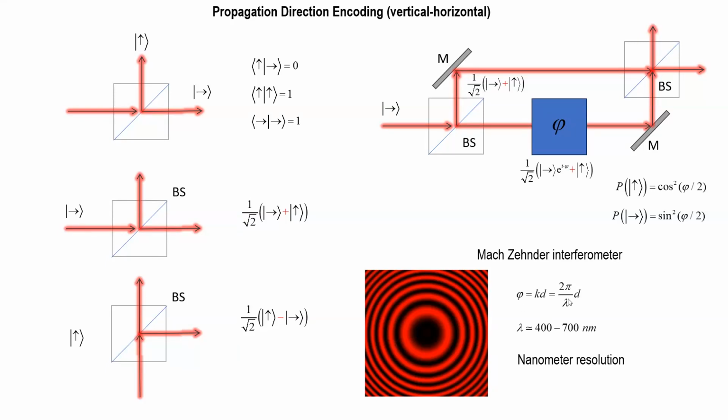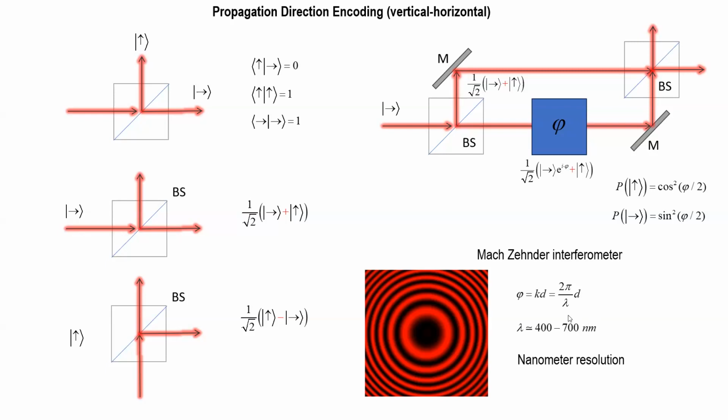And the wave number is inversely proportional to the wavelength of the light, lambda here, and in the visible range, the wavelength varies from 400 up to roughly 700 nanometers. So in any case, this is a matter of hundreds of nanometers.